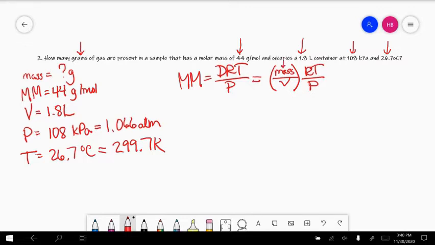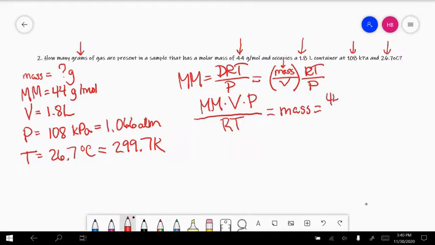So we can move volume over by multiplying each side by volume. We'll move pressure over by multiplying each side by pressure. Move R and T over by dividing each side by R and T, and that's going to allow us to solve for our mass in grams.